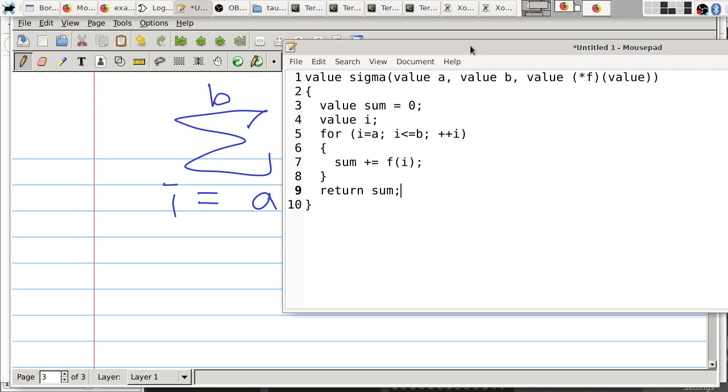So f as a parameter is a pointer to a function that is expecting a parameter of the type value, but it is also supposed to return a value as well. So yes, it's a pointer to a function, which is a slightly more advanced topic. I'm not really sure whether they covered that in CISP 310, but it's a very useful concept too.